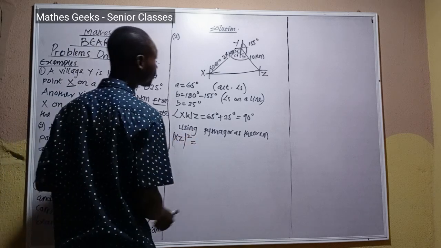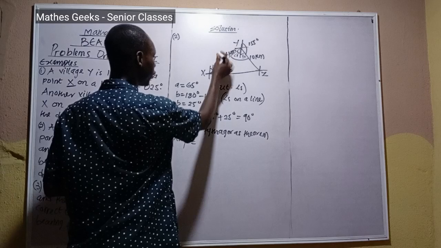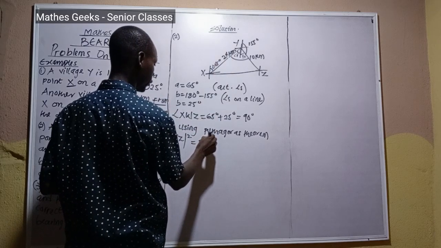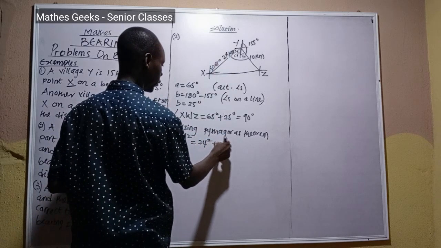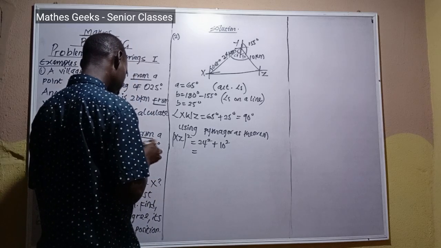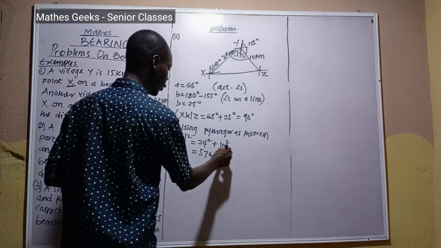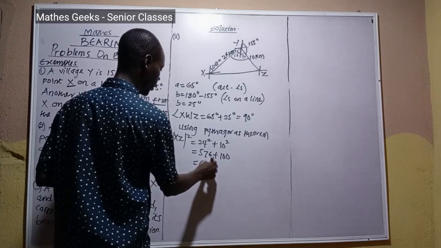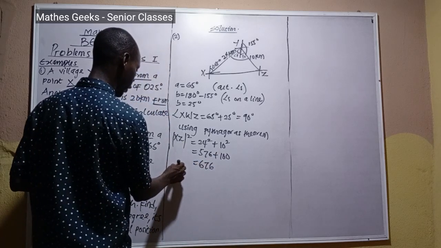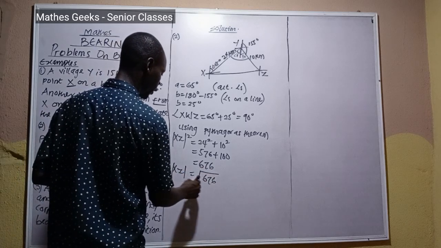XZ squared is equal to 24 kilometers squared plus 10 squared. 24 squared is 576, plus 10 squared is 100, and that's equal to 676. So line XZ is equal to the square root of 676.